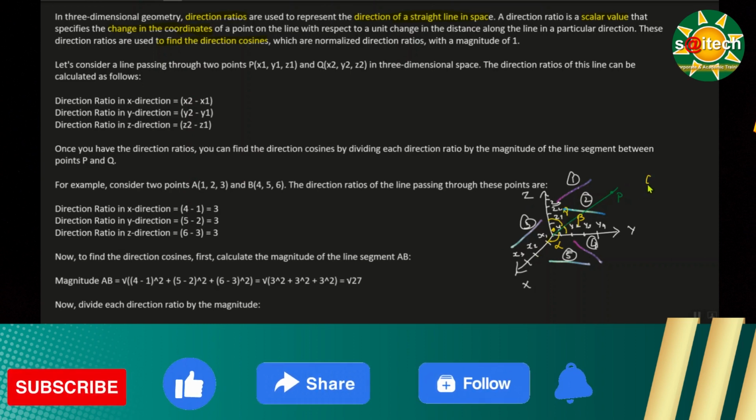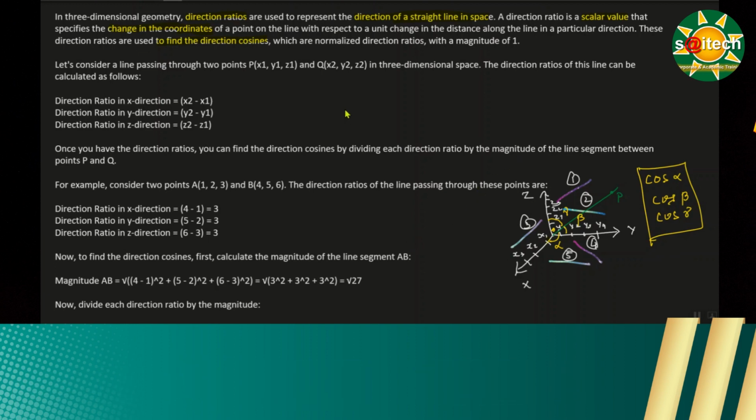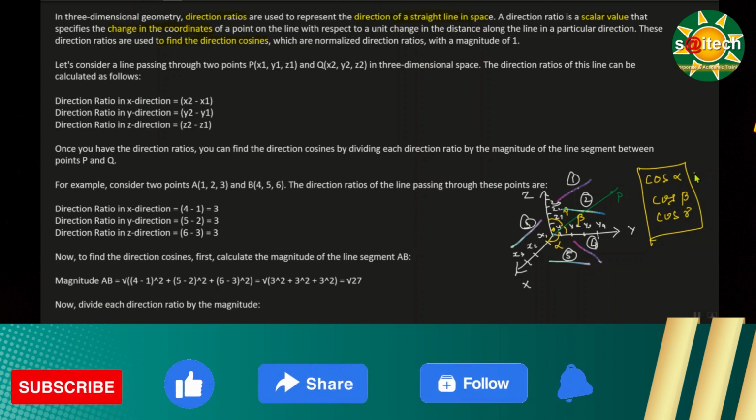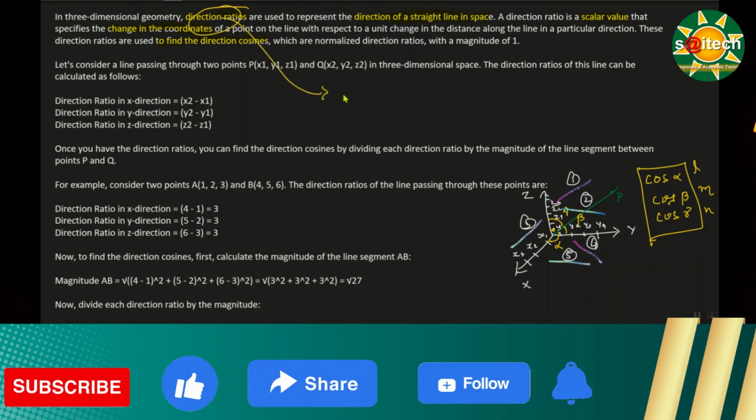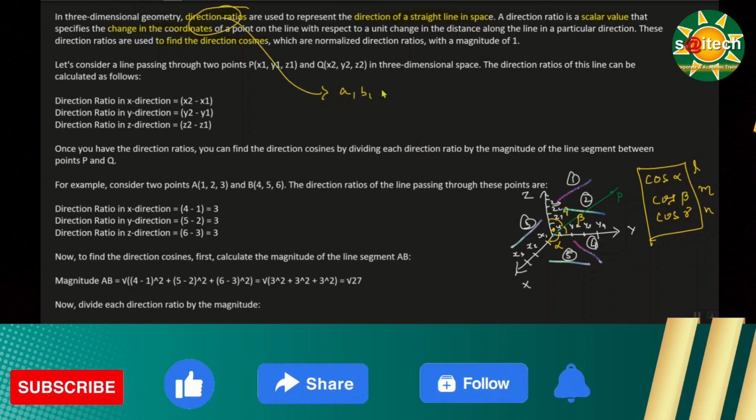So cos of alpha, cos of beta, cos of gamma are called the direction cosines. Okay. So these can also be represented simply by L, M, N, whereas the direction ratios are represented by A, B, C.